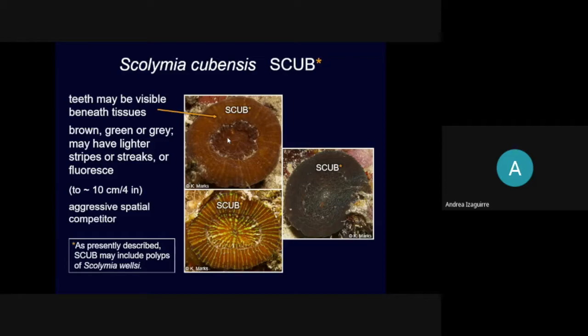This single polyp can only grow to about 10 centimeters, which is a lot for a single polyp, but this is not just the single polyp, but also the entire colony, the entire coral that we are looking at. So it's really not that big, and because of that, it usually doesn't figure into the surveys.